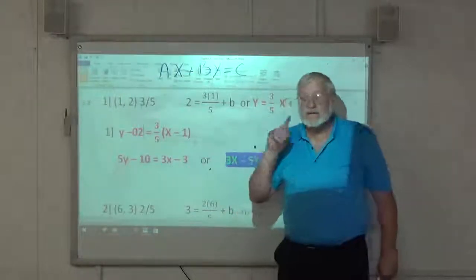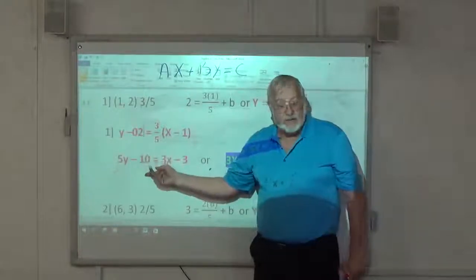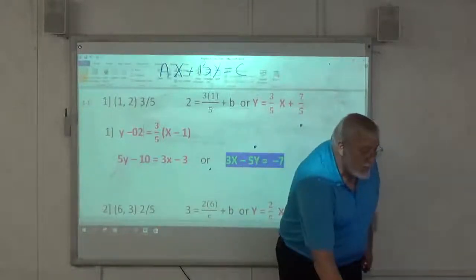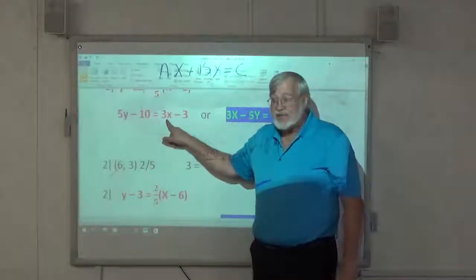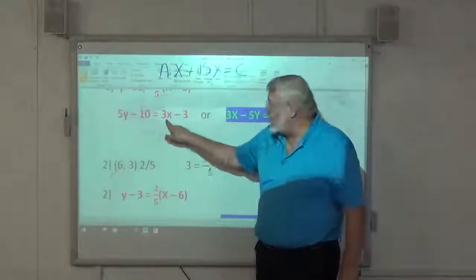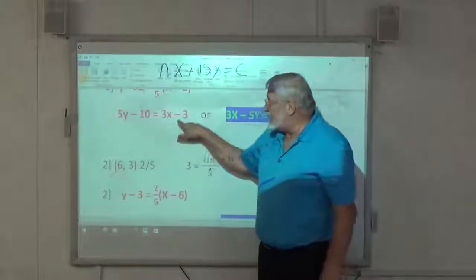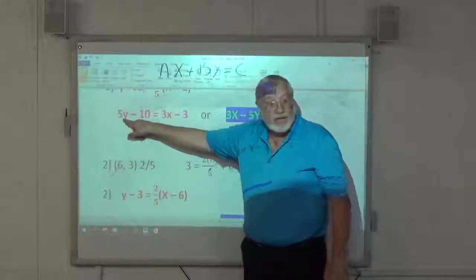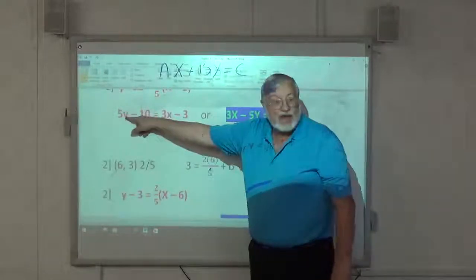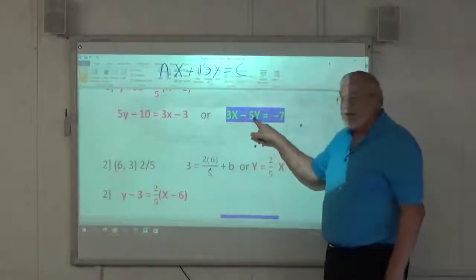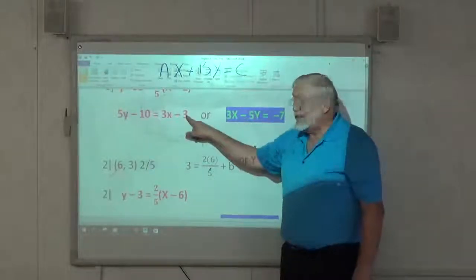All right? To change this to standard form. Okay, look at the x. Is the x positive? Yes, therefore the x stays on that side. This has to come over here. How do I move it? Subtract. So I'm going to end up with 3x minus 5y. Now, the 3 is on the wrong side.